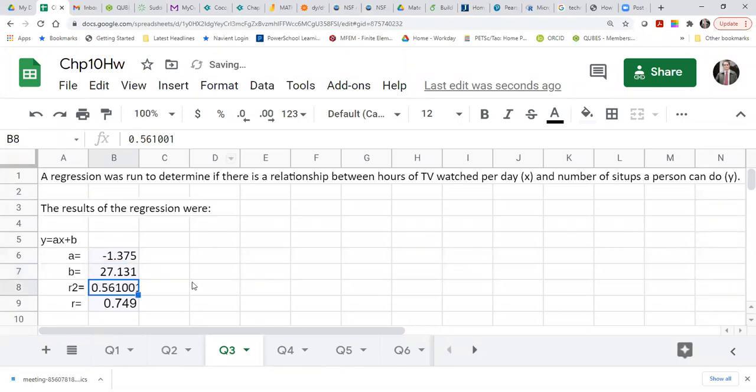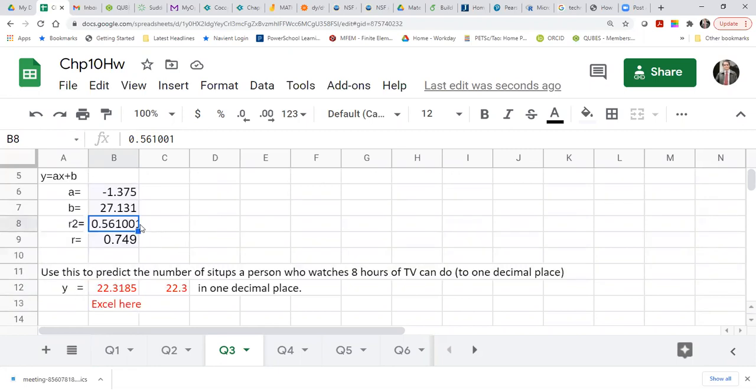And for the R, I don't think you need the R. Actually you can see here, you only need the A and B and then the X. In this case, because it's 8.5, you need to change this to 8.5.